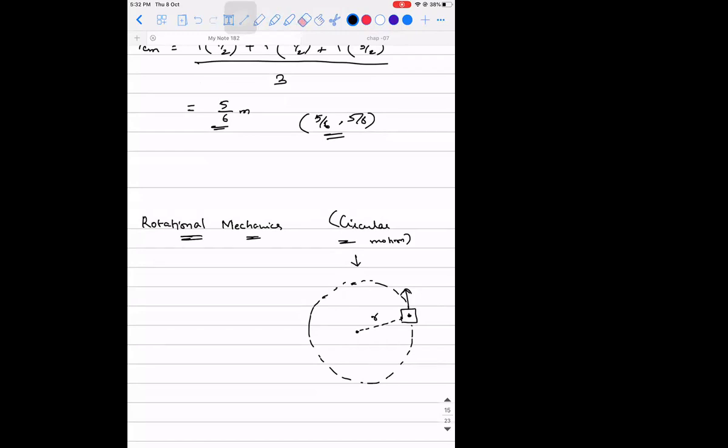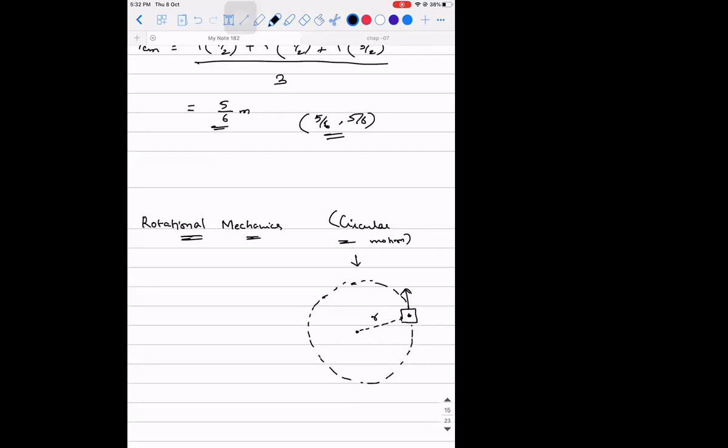Circular motion. It is in circular motion. The reason we are able to say it is in circular motion is because compared to the size of the track, it is being treated like a particle. So when you talk about a particle, the particle is revolving around a center.